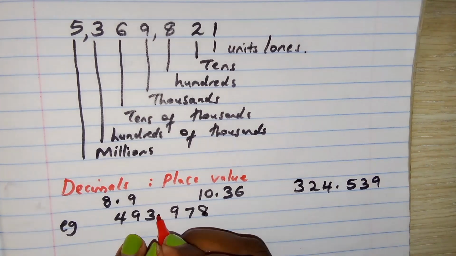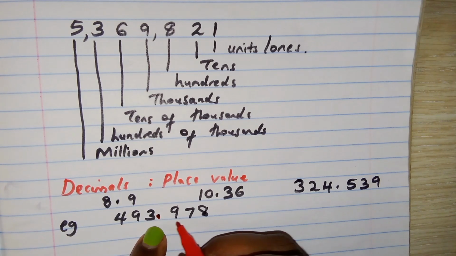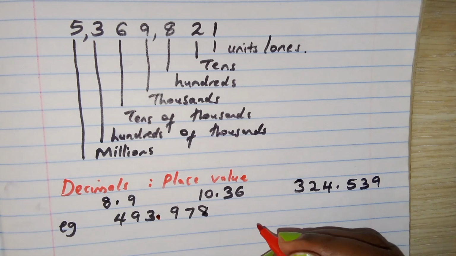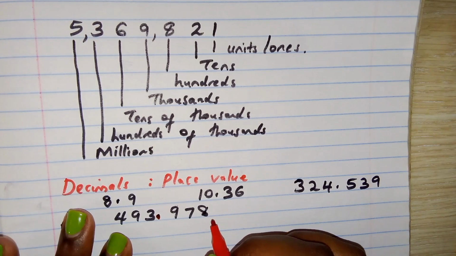The decimal point is our starting point, so we look at the place value of all the digits after the decimal point, towards the right.